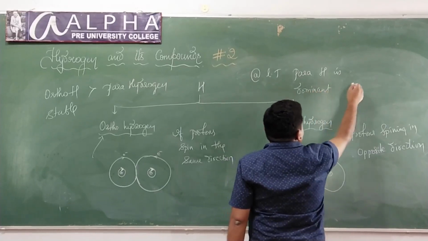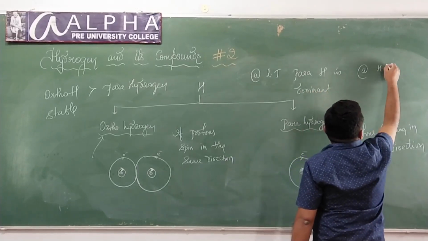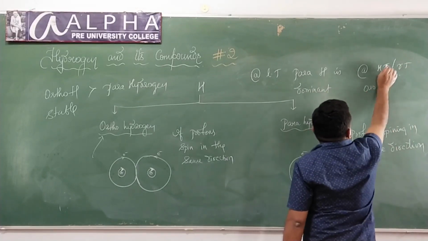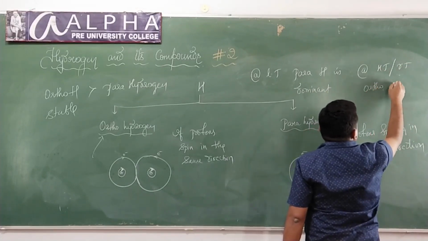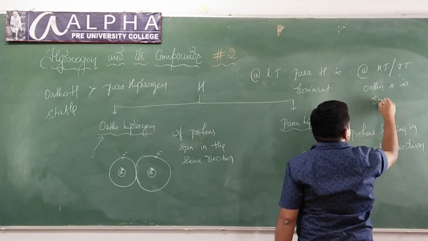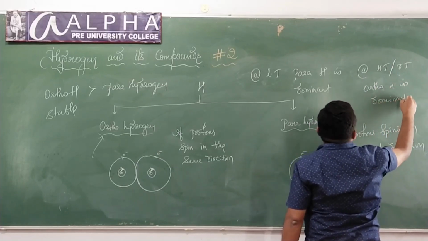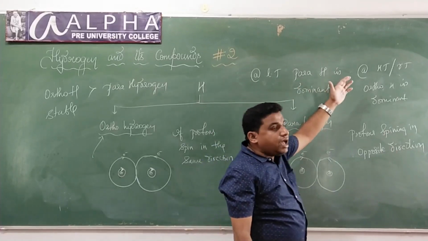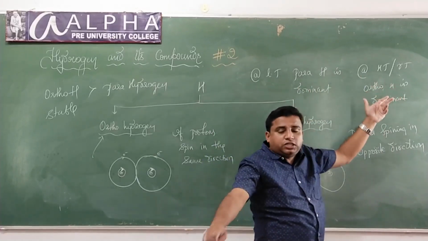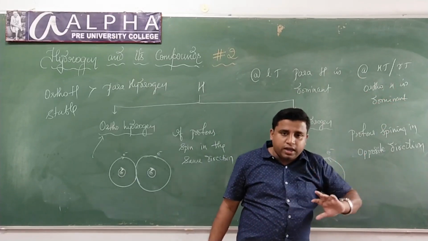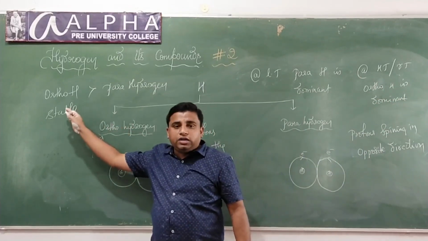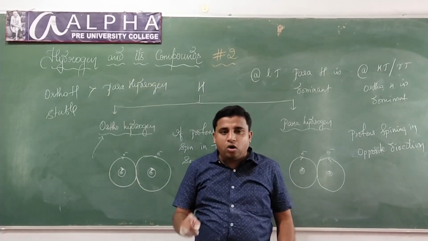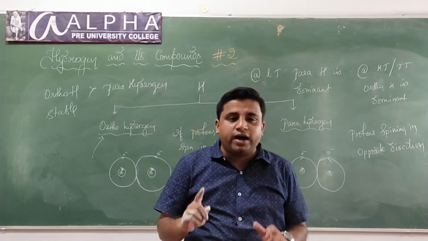At high temperature or room temperature, ortho-hydrogen is dominant. But of course, ortho-hydrogen is always more stable than para-hydrogen. So that's about the different forms of hydrogen.